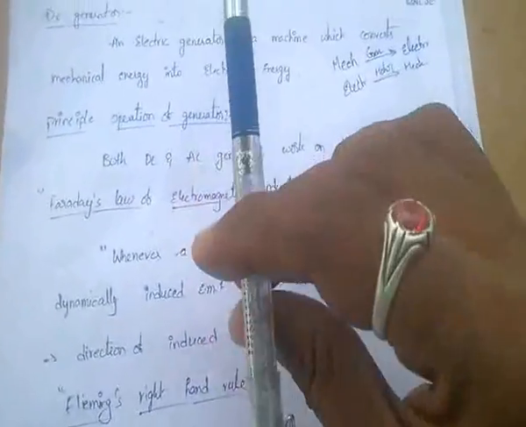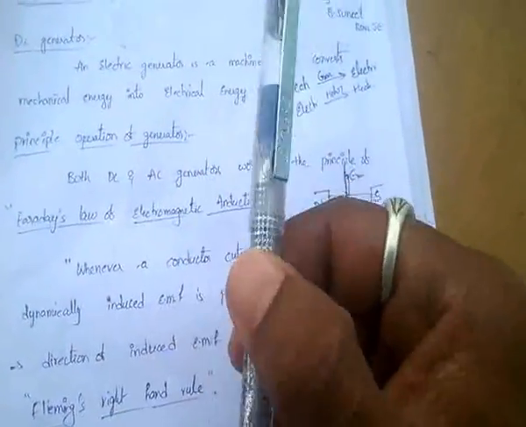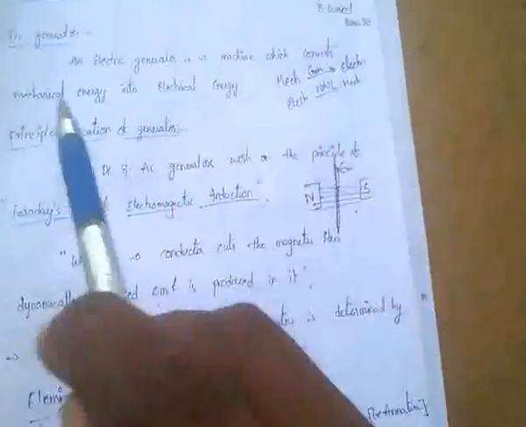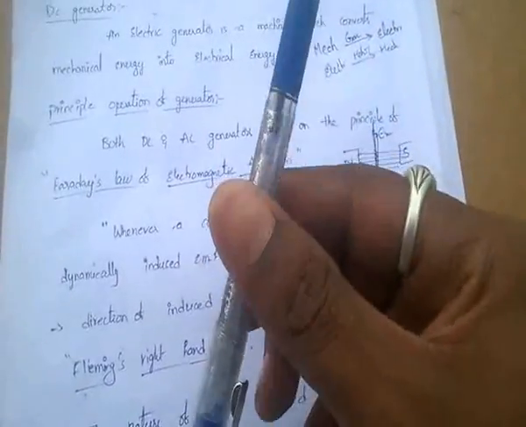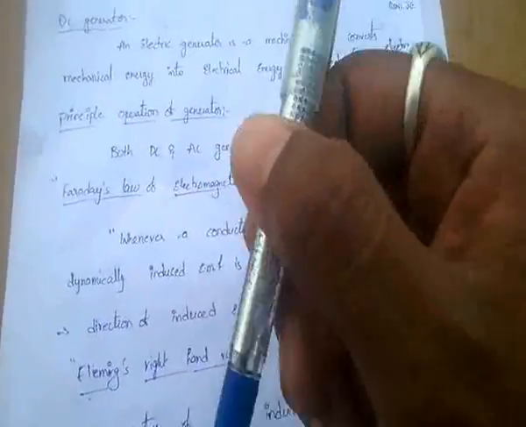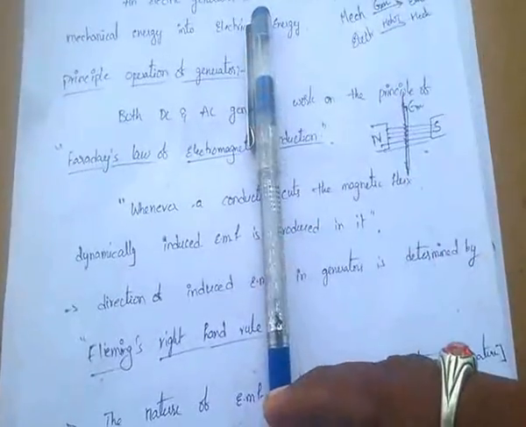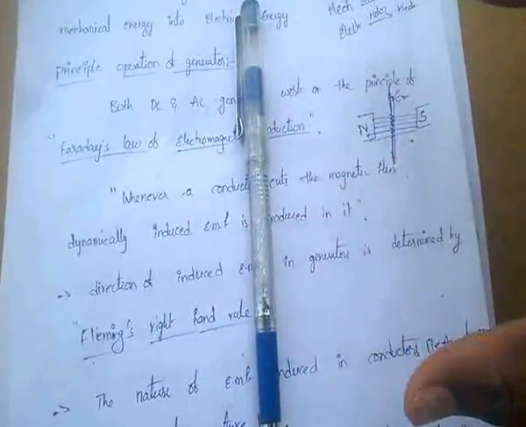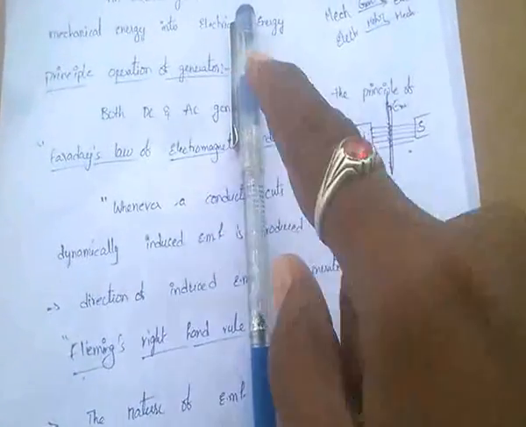Whenever a conductor is placed in this magnetic field and rotates, the flowing flux will be cut by the conductor, and an EMF will be induced in it. When the conductors are closed to a load, a current will flow through the load.